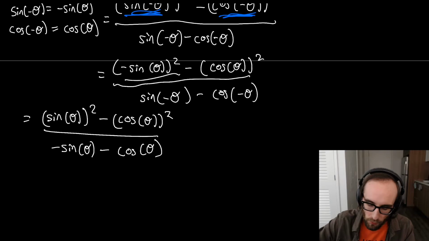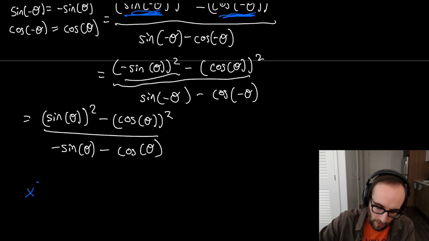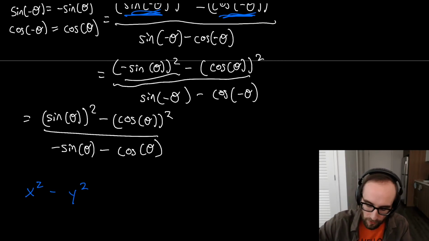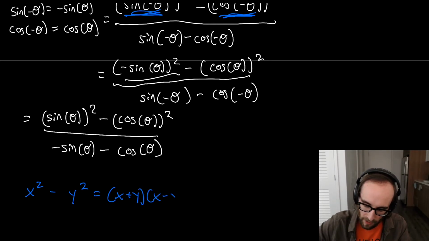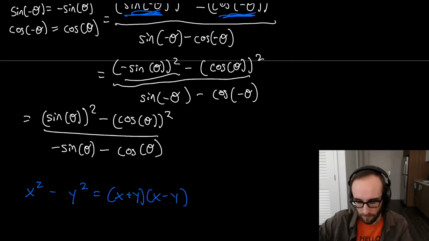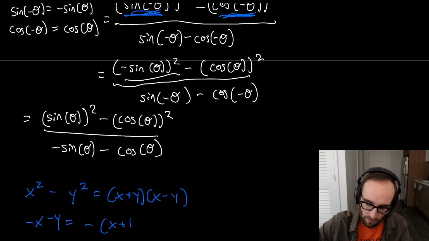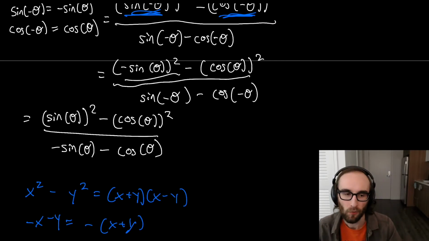If we look at the numerator, notice we have x squared minus y squared. So I just replace sine and cosine with x and y. And if we were to factor this, we can factor this into x plus y times x minus y. In the denominator, we have negative x minus y, which we can rewrite as negative x plus y. So I just factored out a negative 1.